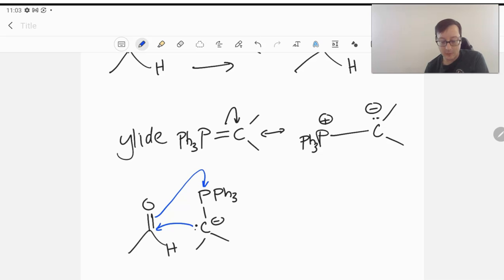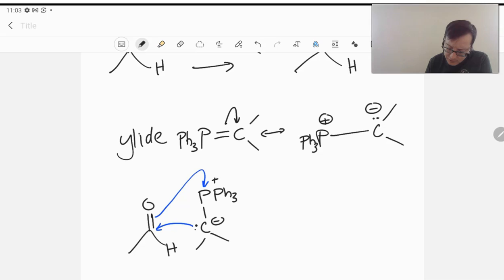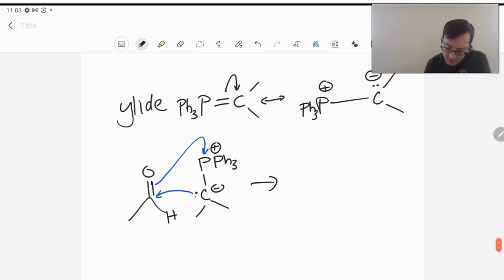And in doing so, with the positively charged phosphorus there, we end up with this kind of square-shaped intermediate.